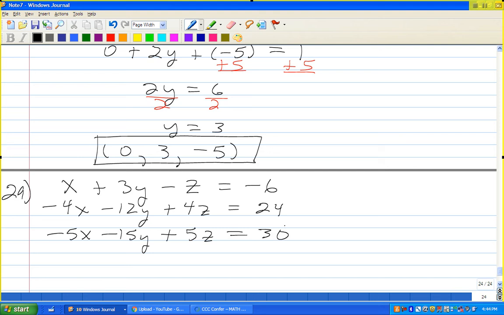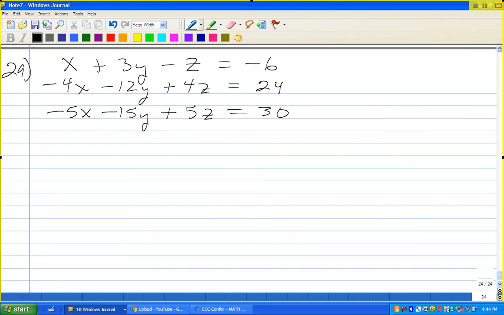Okay, so let me use an augmented matrix notation.